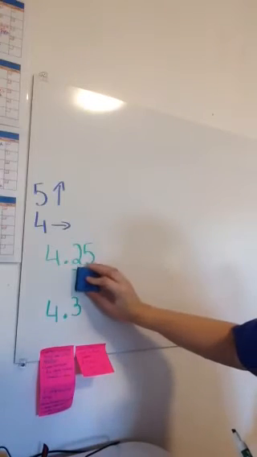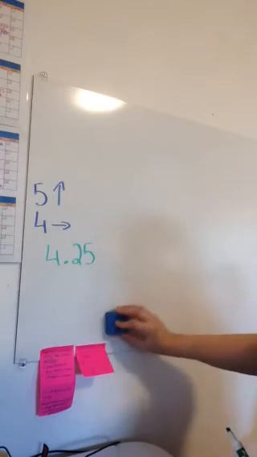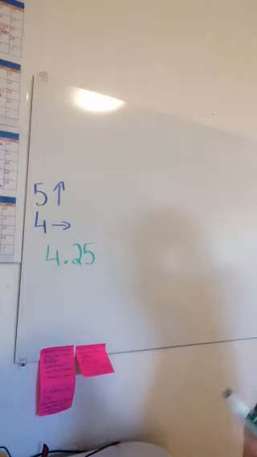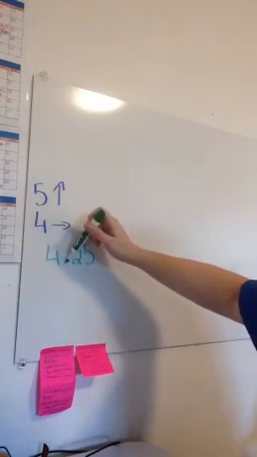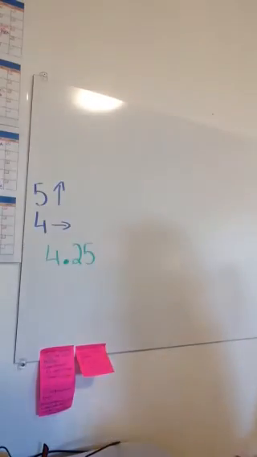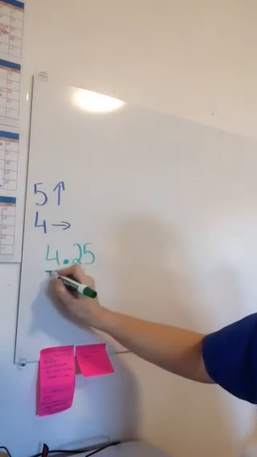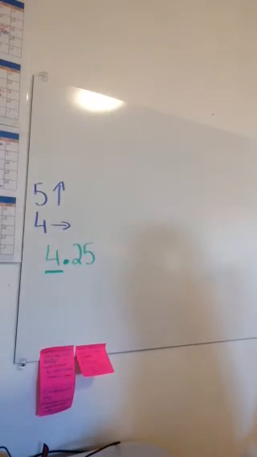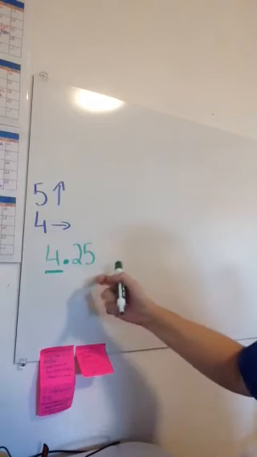Now I'm going to tell you, I want you to round to the ones place. You're going to tell me the ones place is, I have my decimal point, ones. So I'm going to underline this one. Same thing, you ignore the decimal point, you just tell your little story.